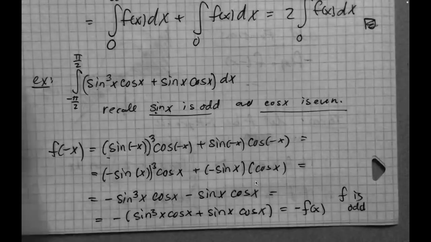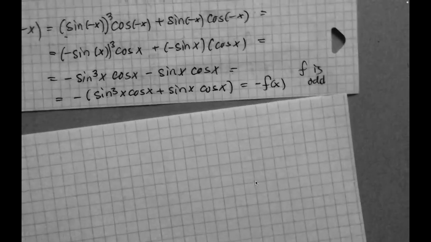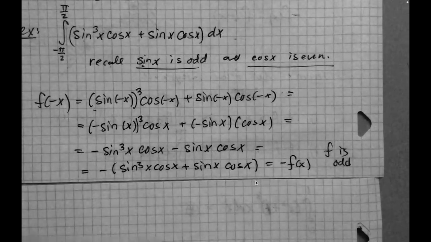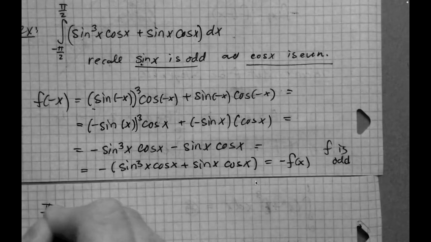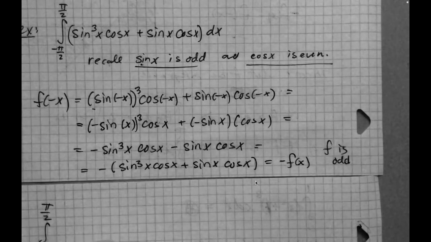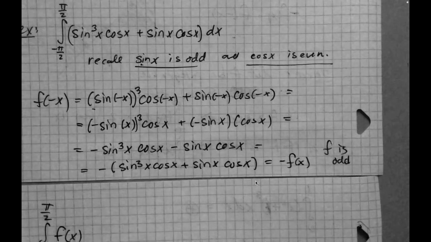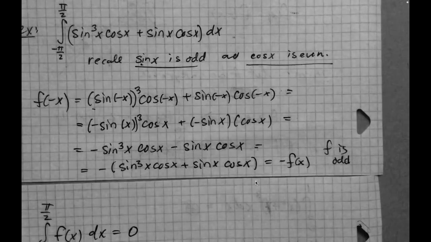Well, that makes our lives very simple, right? Specifically, that makes our lives simple because if f is odd, and the definite integral that you're interested in is symmetric about the origin, which it is in this case, then pi over 2 to negative pi over 2, that integral of an odd function is 0, right?